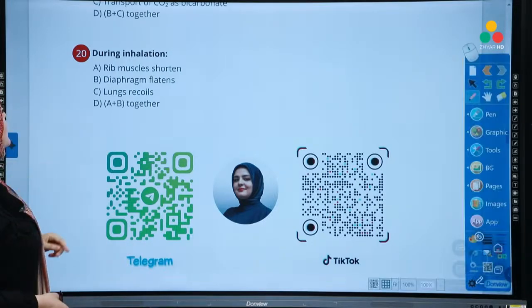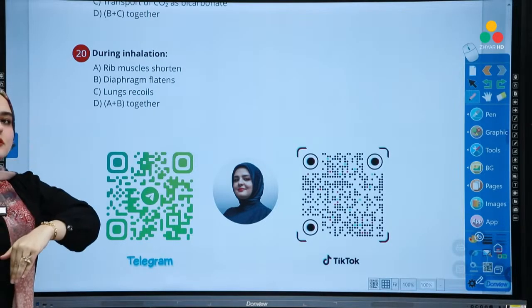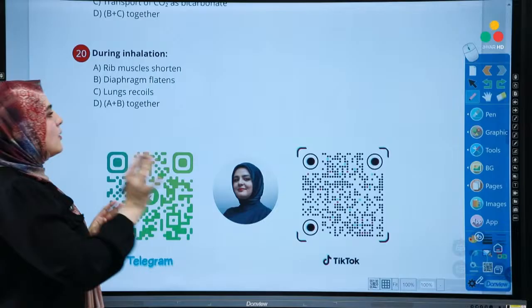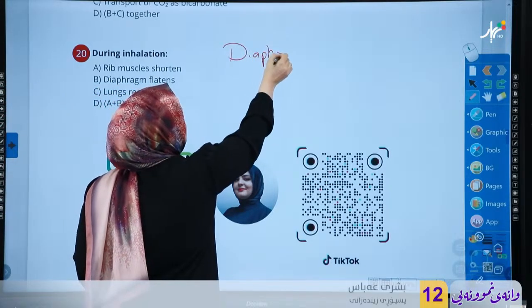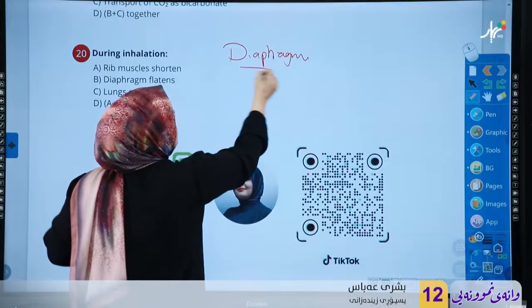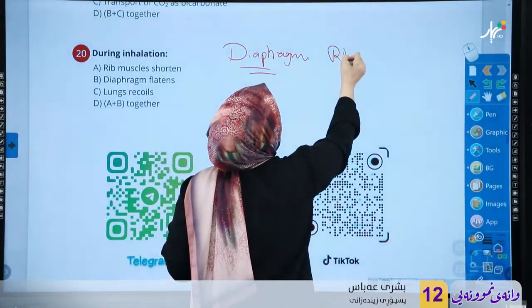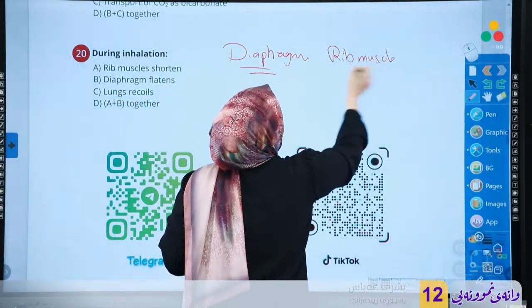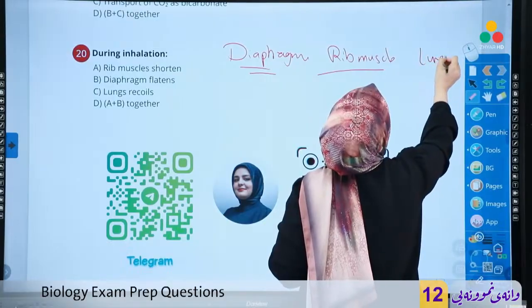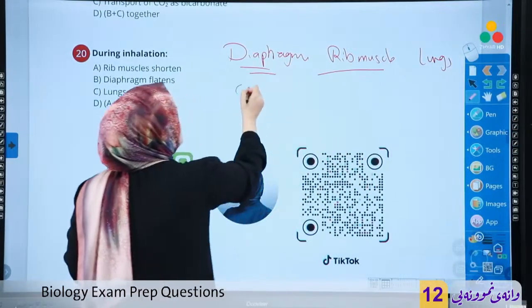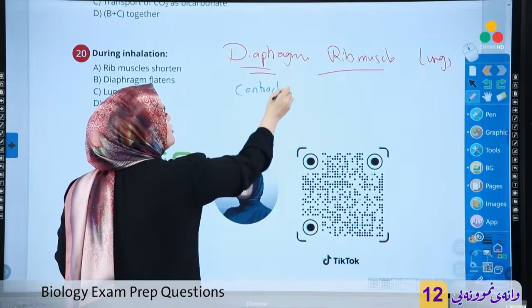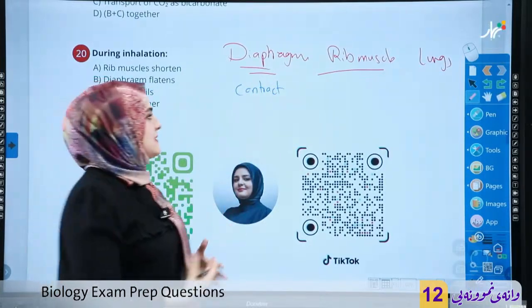It's talking about inhalation. Inhalation is the act of bringing air into the lungs. Got it? In that situation, we have the diaphragm, which is mentioned here, the rib muscle, and the lungs. These two must contract to expand the chest area.